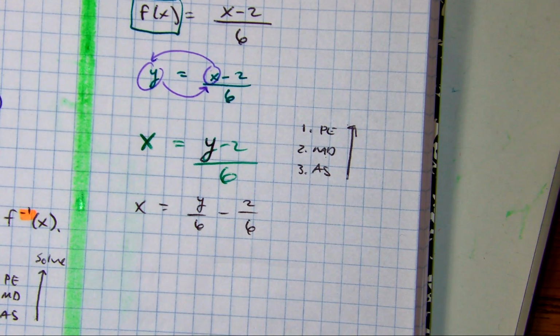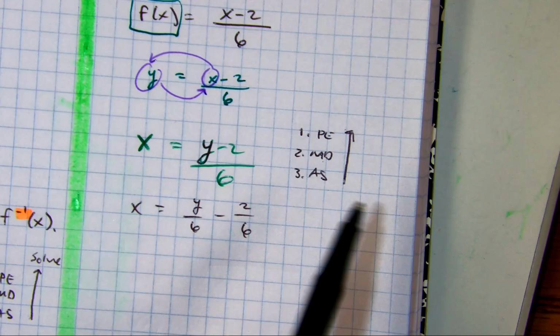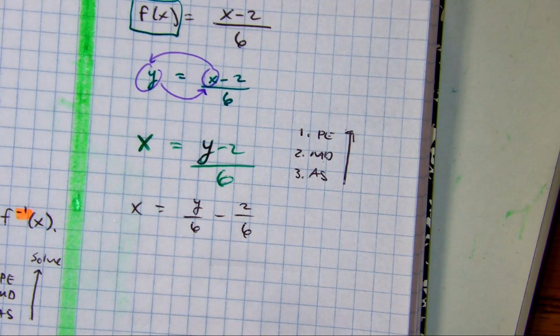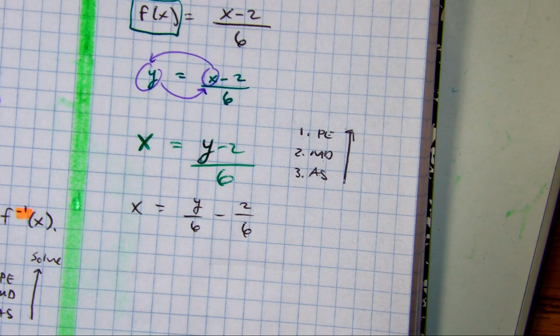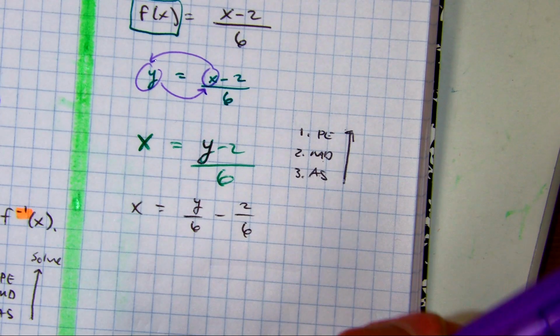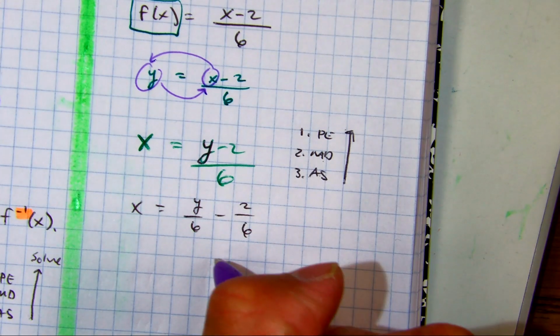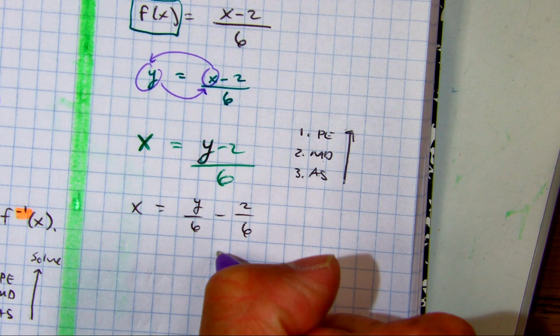Okay, Jesse, now if you're using PEMDAS going backwards, what would you do next? What does the A and S stand for? So you're going to add what? 2 6.